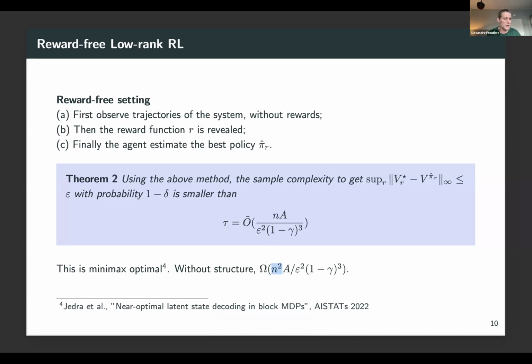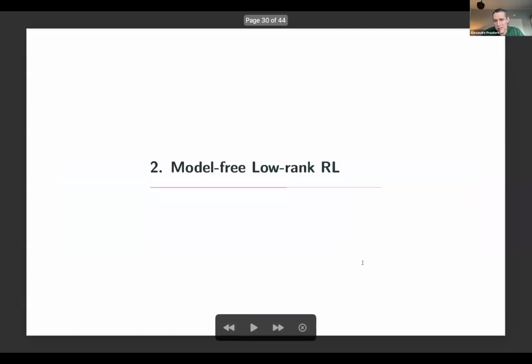That's a significant improvement, but you see that it's not really enough because the sample complexity still scales as N times A. And this is something that you cannot beat anyway in this setting. Okay, is there any question on this first part?